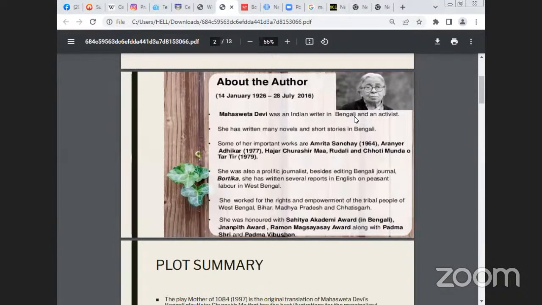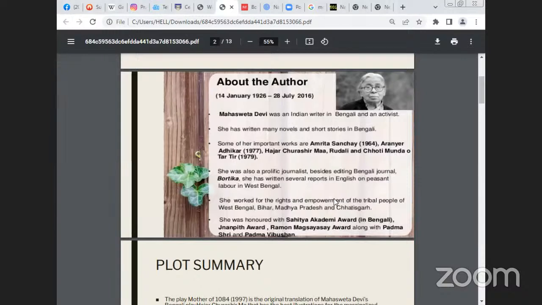If we bring them into mainstream history, the entire perspective of reading this history will change. So many subaltern thinkers have taken Mahashweta Devi's literary works as a source to reconstruct Indian history from an alternative point of view. That is one of the important things.